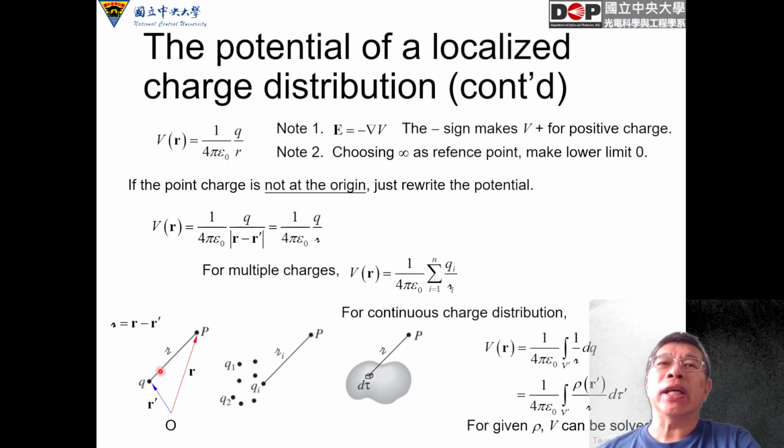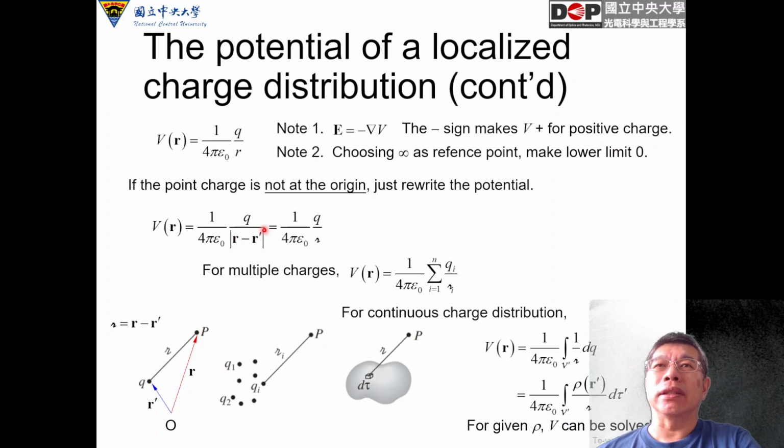The displacement vector is from the source to the point of interest. So the vector script r equals r minus r prime. Basically, the potential at r is contributed by the source at r prime.